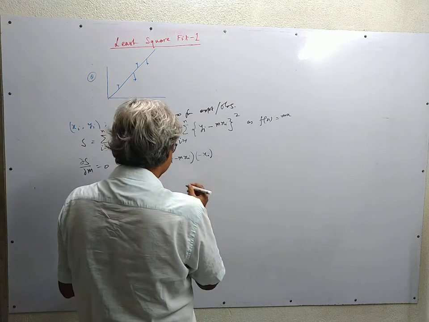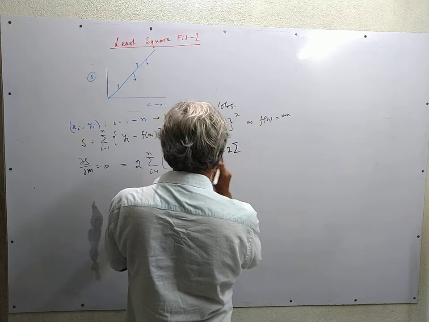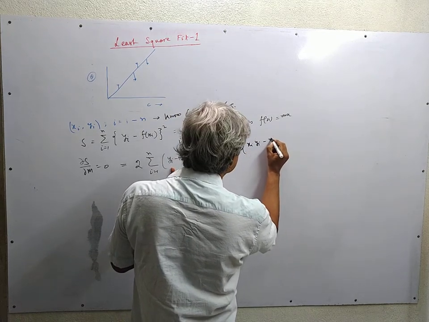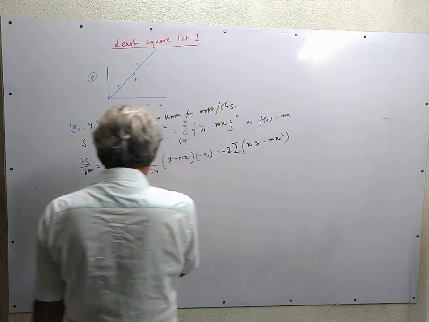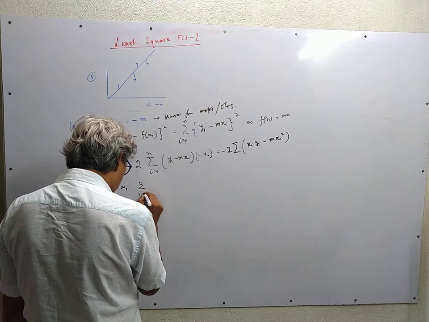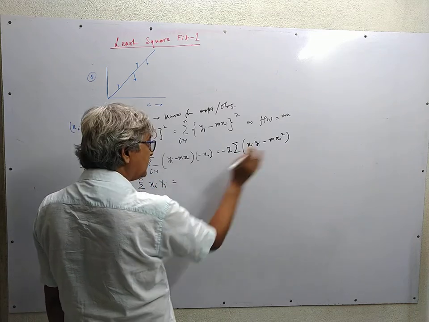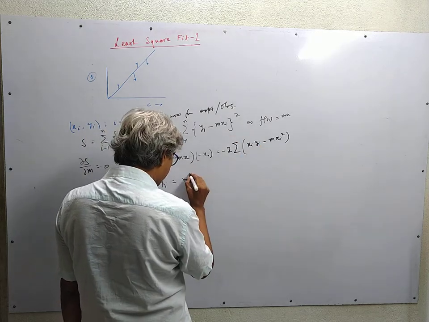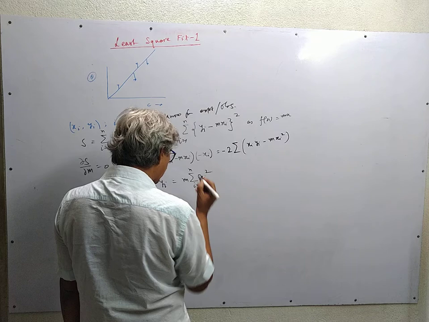So this is minus 2 summation over, if we multiply this, it is xi yi minus mxi square is equal to 0, or we have summation over i is equal to 1 to n xi yi is equal to, we take it on the other side, m is a fixed value for a fixed set of observations, and this is xi square from i is equal to 1 to n.